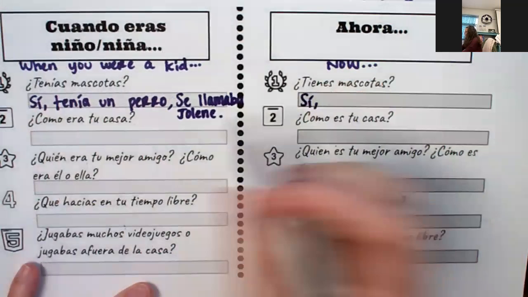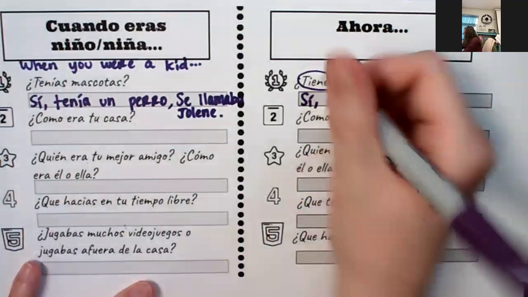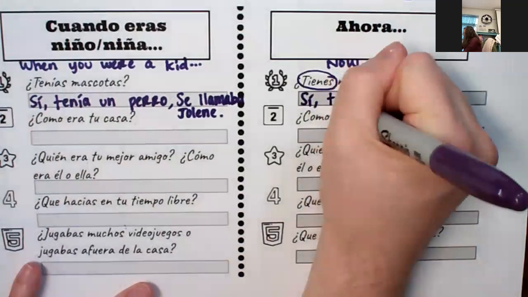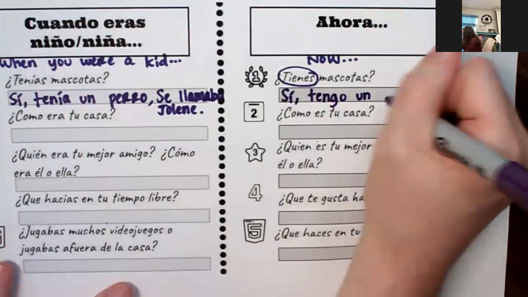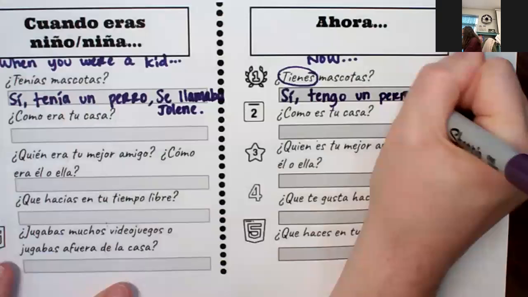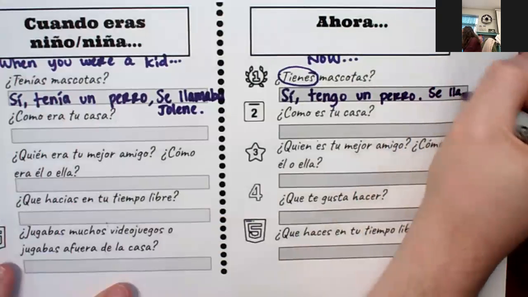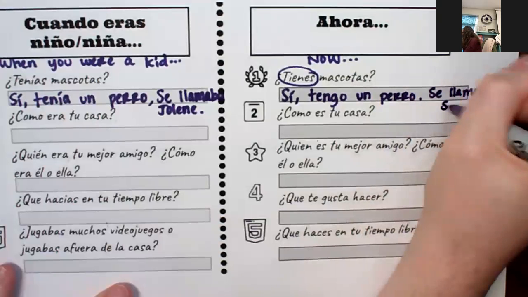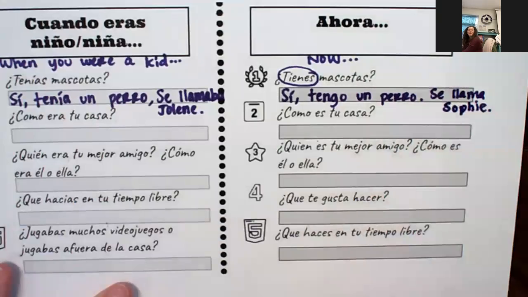So the yo form of tener in the present tense, tengo. Tengo un perro. Se llama Sophie.